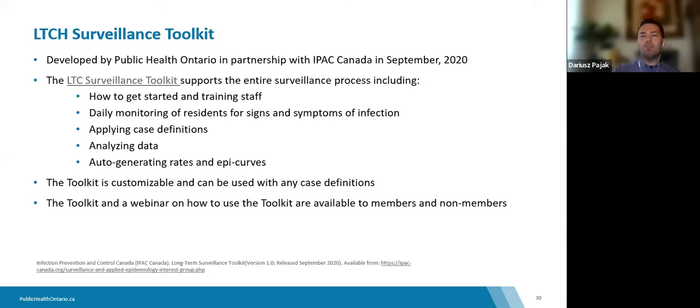It's a nice comprehensive resource that allows you to set up a surveillance system in your home if you do not have one, or at least assess yours, maybe through a process evaluation, to see if the system you have is accurate and is reflecting this guidance. The added benefit is that this document allows for a bit of customization, and it has a webinar linked to it, which brings some of the information to life, which is quite nice.